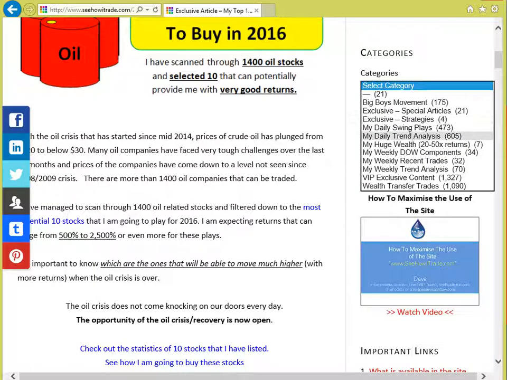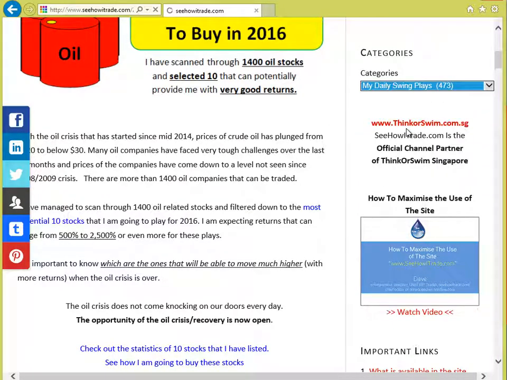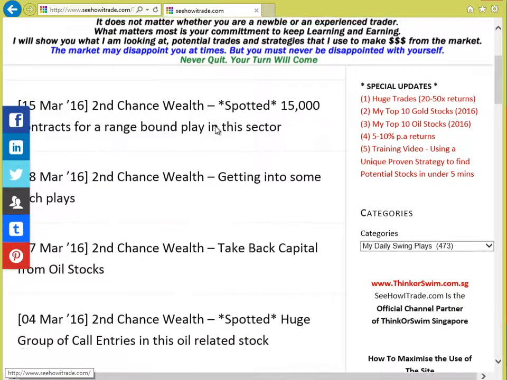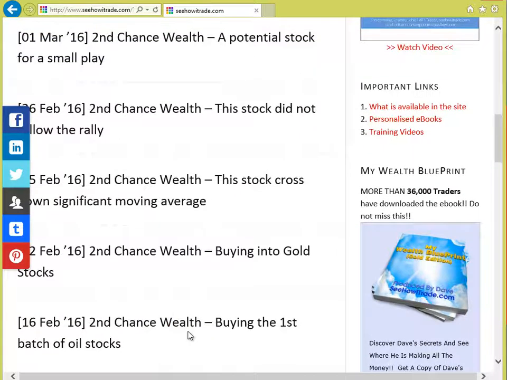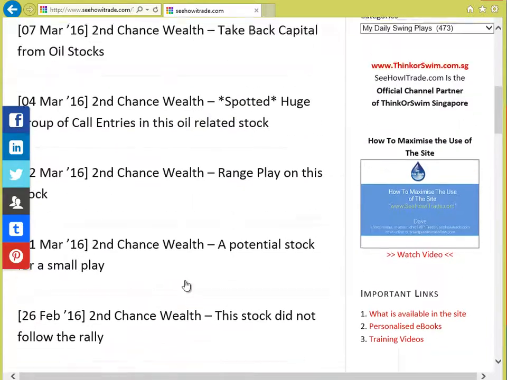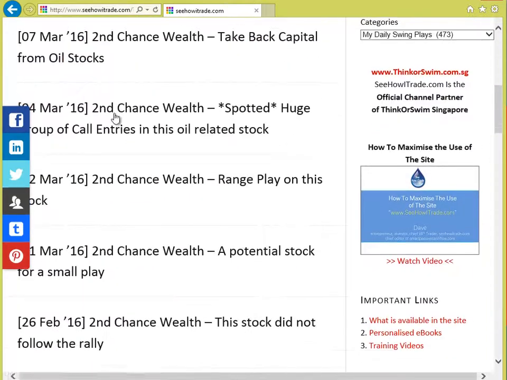Let's take a look at the swing trades that I've done for these top 10 oil stocks. On the 16th of February, I purchased my first batch of oil stocks. And on the 7th of March, I have taken back the capital from oil stocks.